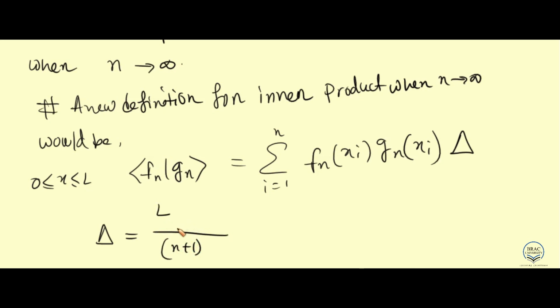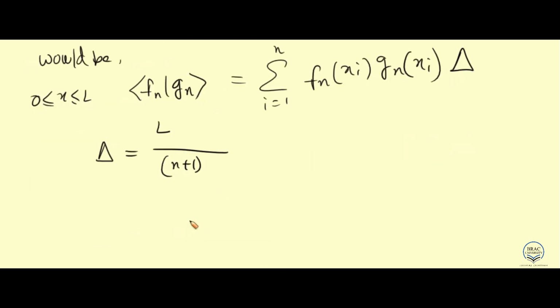So there will be n plus 1 partitions. And as n goes to infinity, this delta goes to 0. You can see it schematically from here.